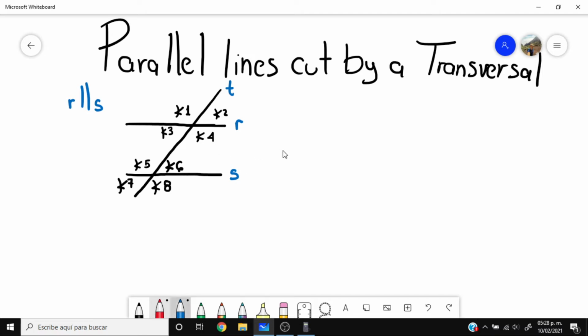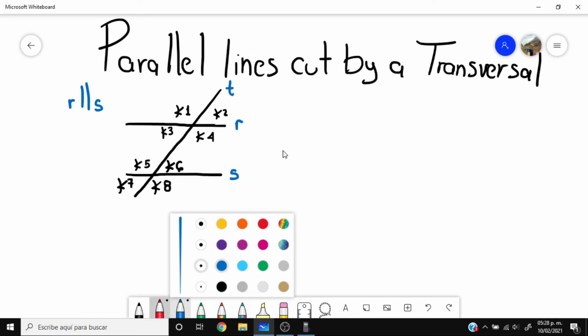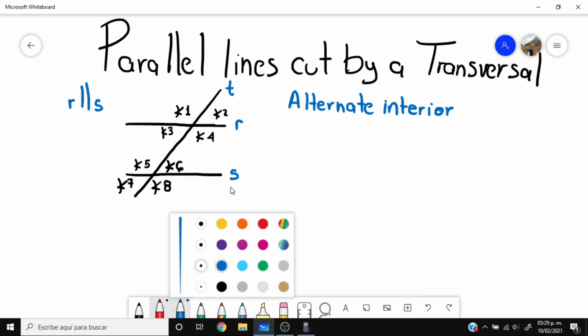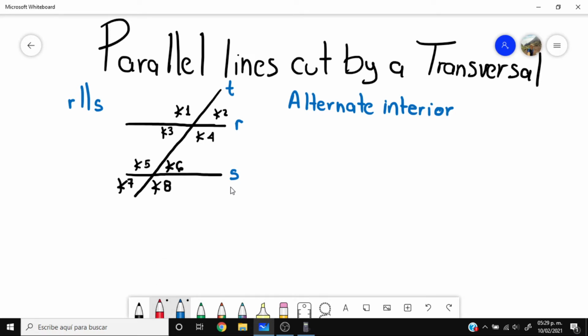So for example, I'm going to write it over here, alternate interior angles are the same. So for alternate interior, first we need to see the interior angles. These are the interior angles. And they are alternate, so they're going to be on different sides.